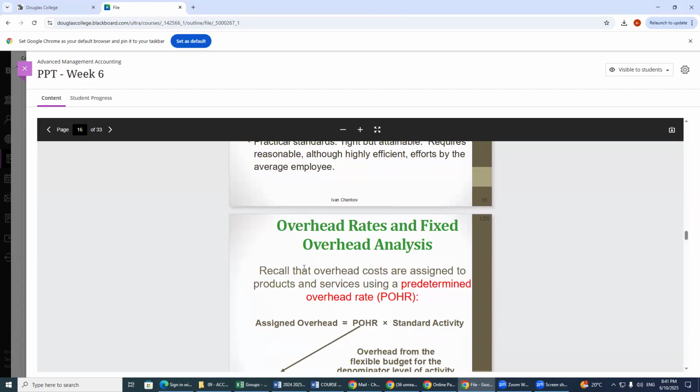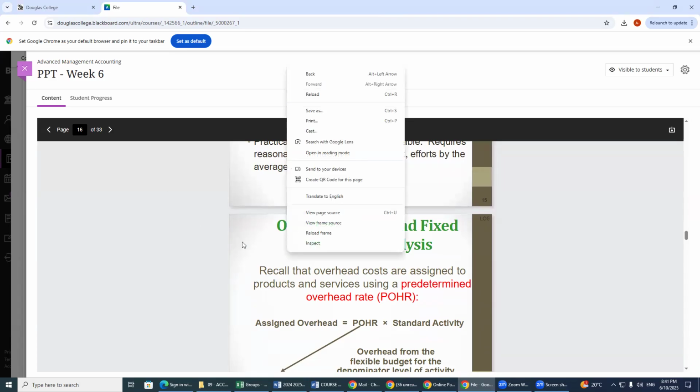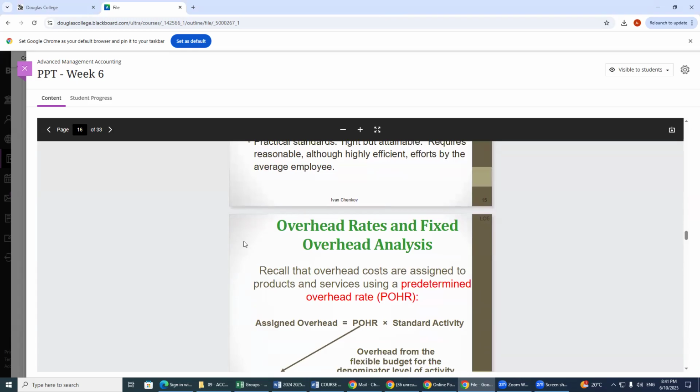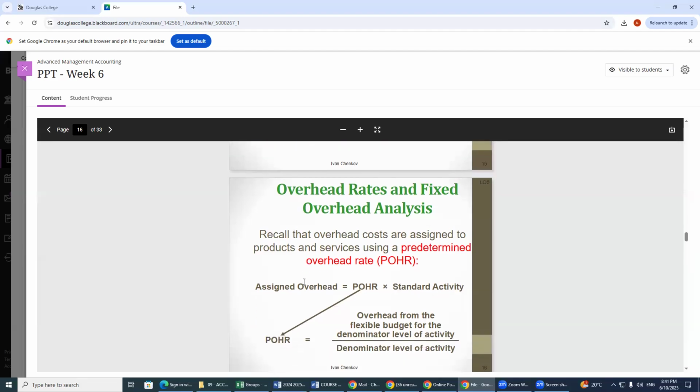One thing we have to remind ourselves is how we come up with the predetermined overhead rate, because that will be the crucial point here. How we come up with this predetermined overhead rate. The predetermined overhead rate is based on the estimation of the activity of the allocation base, which we're using as a denominator, and total cost for the upcoming period that we're using as a numerator.